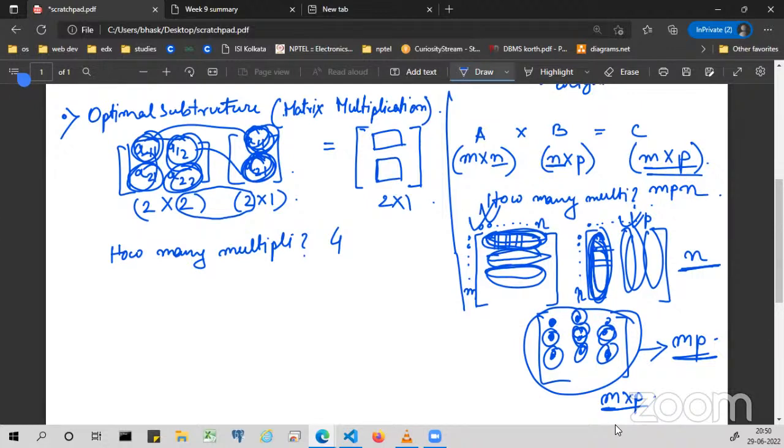So as a shortcut, if you want to remember, consider two matrices with any given dimensions, and take the unique values. Just one value out of these two values, this value and the last value. That's your total number of multiplications. So if I apply that logic, 2 into 2 into 1. 4. So this is basically the number of multiplications that happens, generalized to MNP, whatever you want to say.